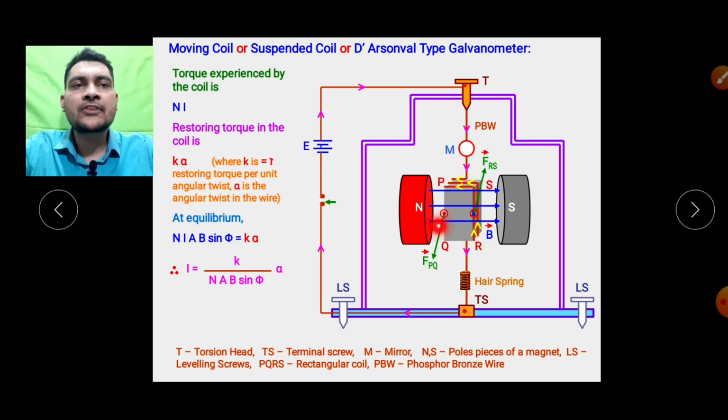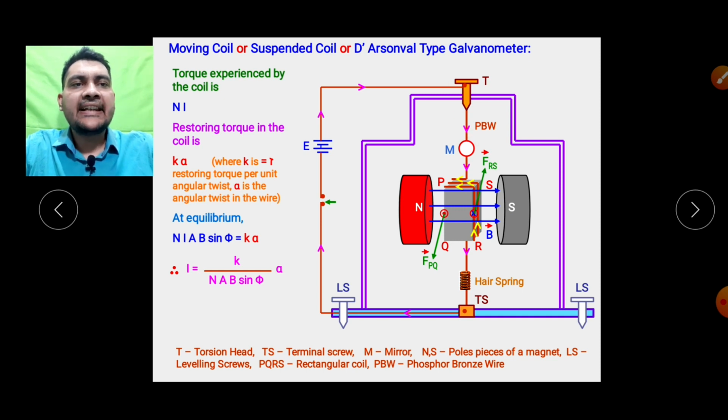Generally the coil is wound over soft iron because soft iron is a good magnetic substance. If you wind the coil over a magnetic substance, then more torque is experienced by the coil. That's why we wind it over a soft iron core, because it has more magnetic permeability.